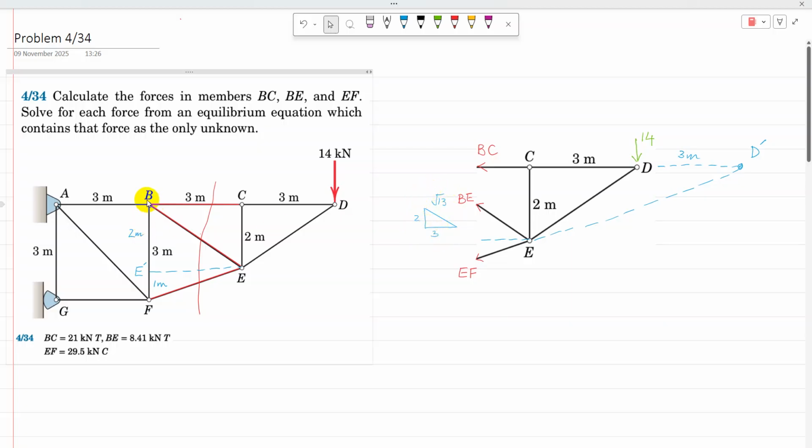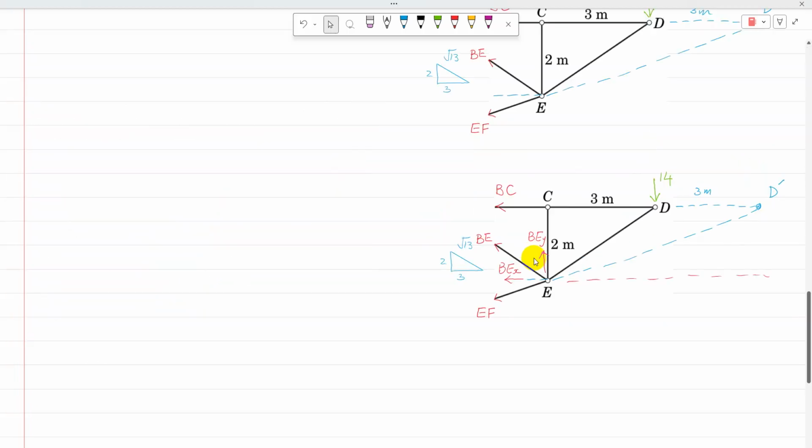Because BE is an inclined member, I need to find its components, and for that I'm going to use triangle BEE dash, whose vertical side is 2 and horizontal side is 3. So I am going to resolve BE into its components and take moment about point D prime. I have resolved BE into its components, BEX going towards the negative x-axis and BEY towards the positive y-axis.